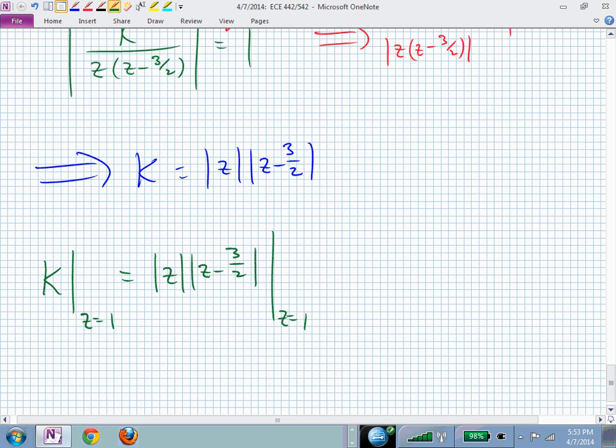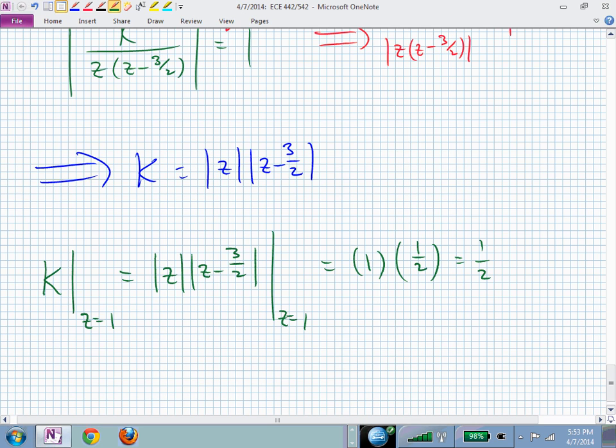Again, this is pretty difficult mathematics. We have the magnitude of 1. We have the magnitude of 1 minus 3/2. Minus 1/2's magnitude is 1/2. We product those.